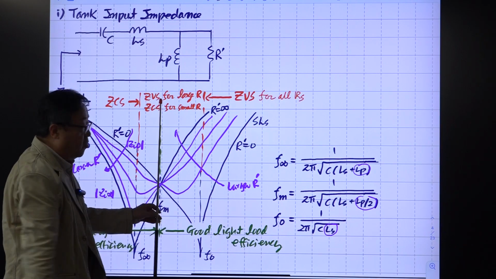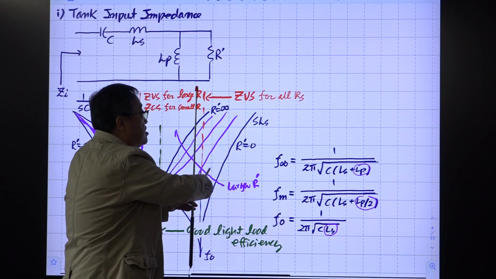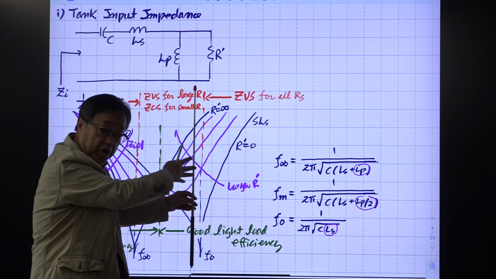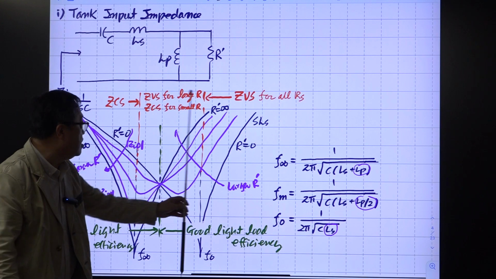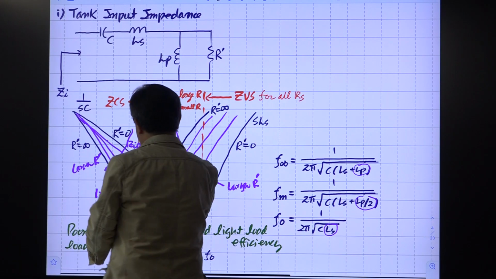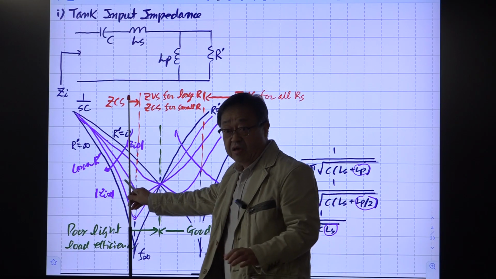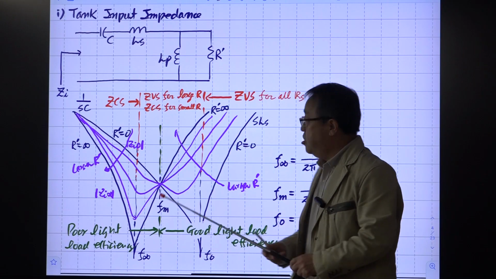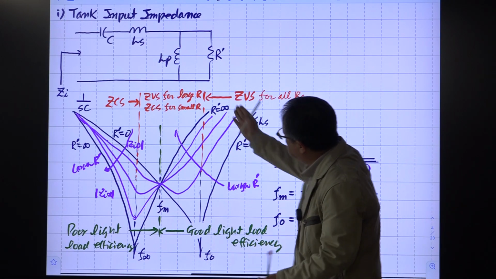Okay? So in this region, you have a positive slope of input impedance, which means we have GBS characteristics. And in here, the situation is the opposite. So we have GCS, which is bad for the MOSFET transistor. In between, for large R, is this one.